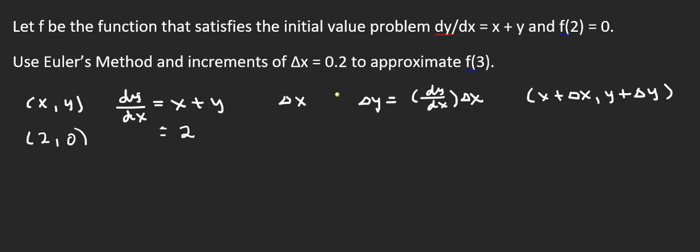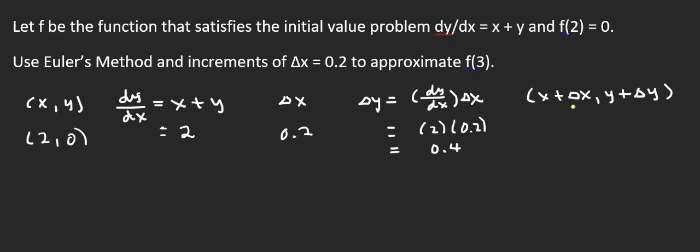What is our delta x? It's always going to be 0.2. It's given, at least for this example. Now, what is our delta y? Delta y is going to be dy over dx, which is 2, times delta x, which is 0.2. So that is going to be 0.4. So what is our next point?